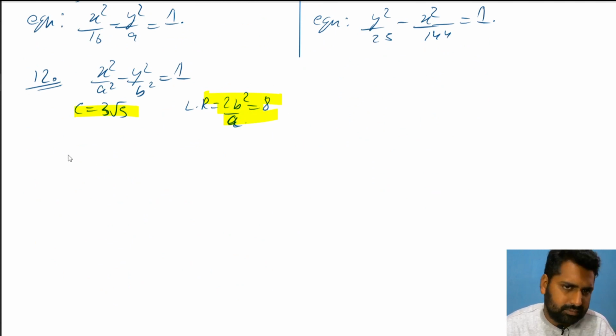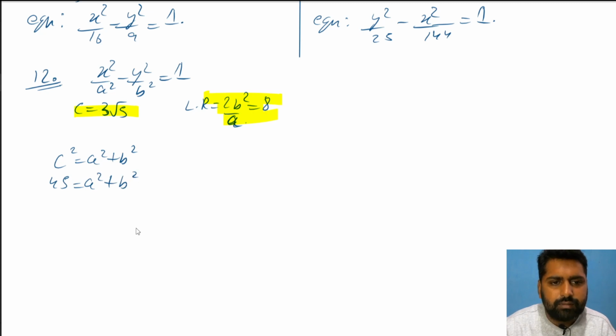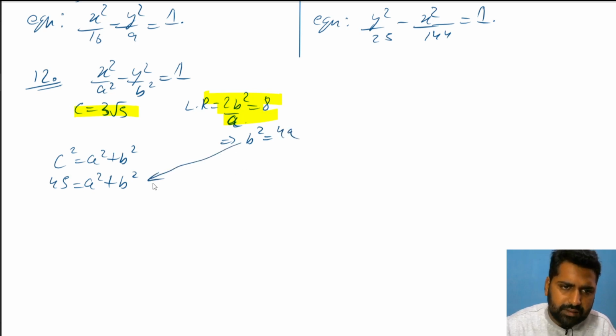So first thing is c square equal to a square plus b square, Pythagoras type. c is 3 root 5, so 3 square times 5 is 45, which is a square plus b square. Now I already know that 2b square by a is 8. Let's get the value of b square. b square is 8a by 2, so 4a. Replace b square by 4a, so I get 45 is equal to a square plus 4a.